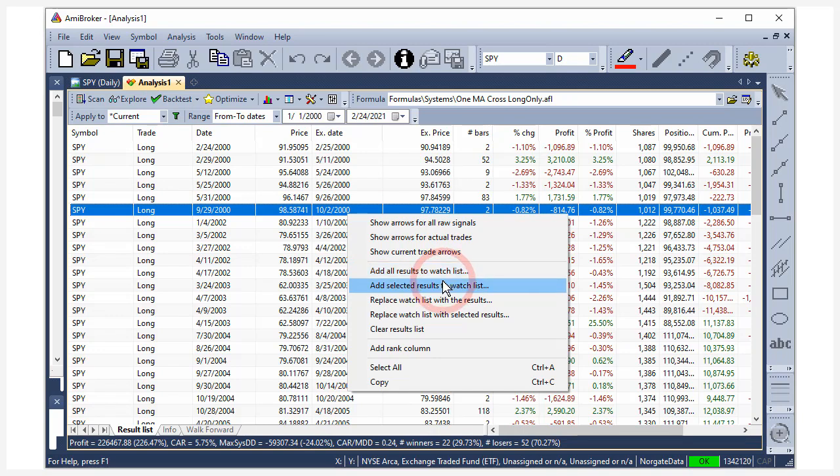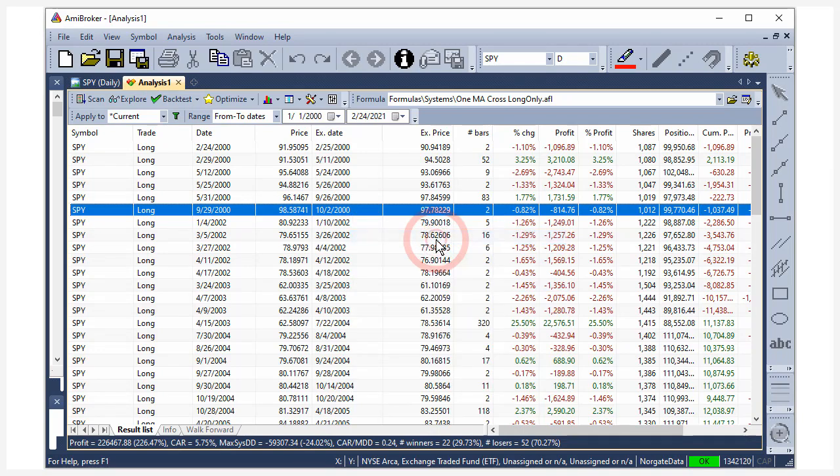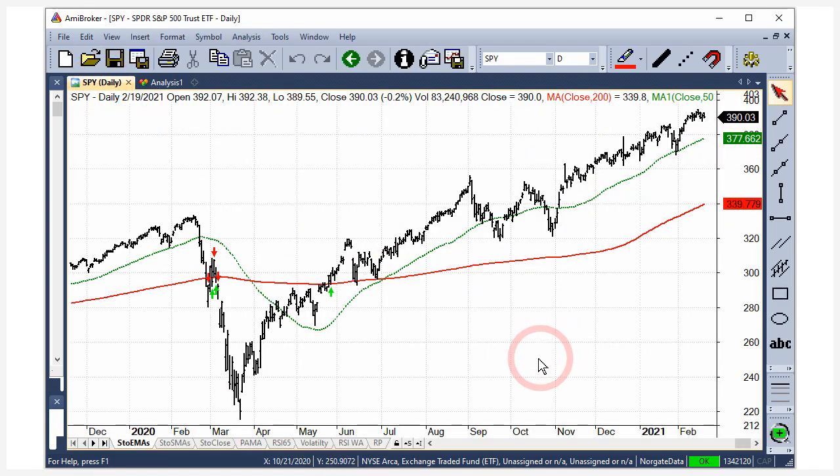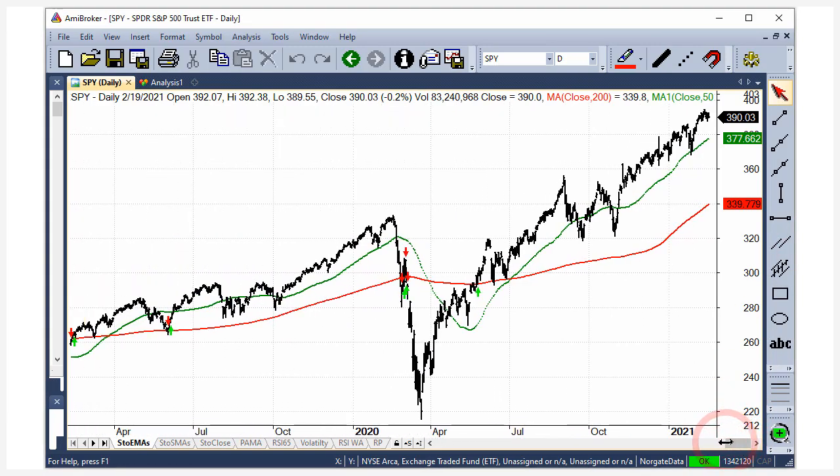And so I'm going to look at the trades here on the chart with the green and the red arrows. And there you can see there are going to be lots of whipsaws with any moving average strategy, even with a 200-day. So we had whipsaws there in February, March, but then we had a cross that lasted in May. And I can go back and we can look at some of these other signals.